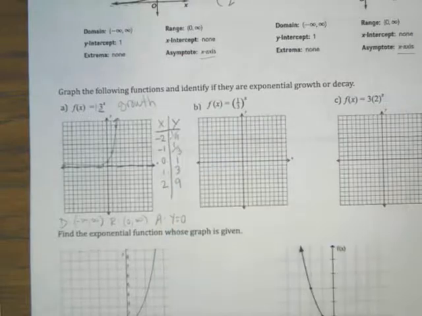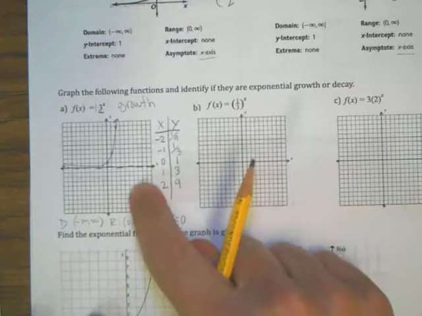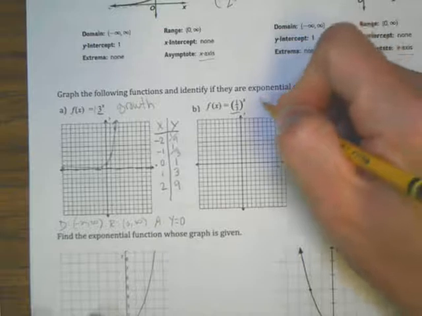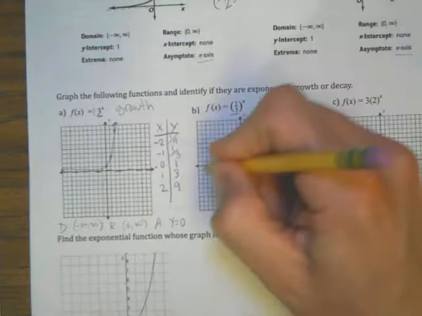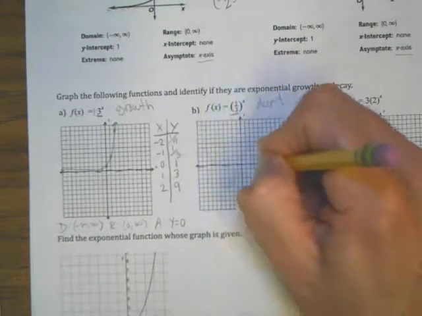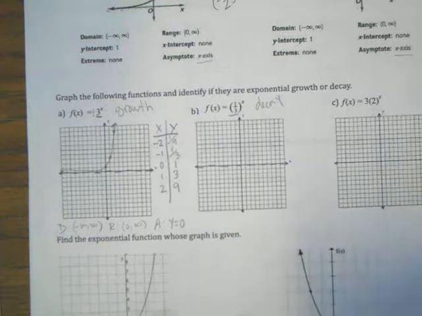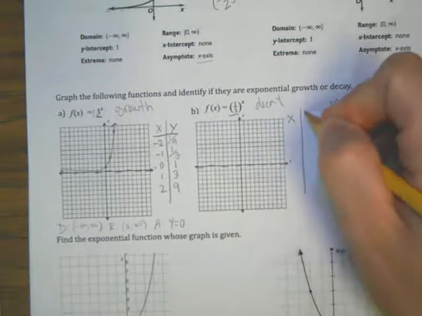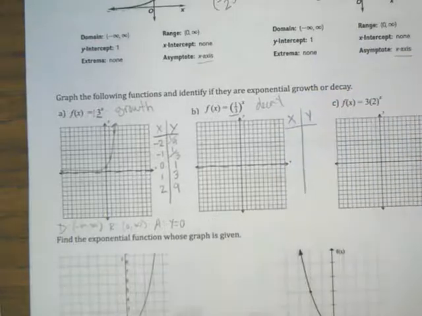All right. If you have any questions, pause it, talk to your friends. If not, let's go on to B. This one's definitely going to be decay. A little bit faster now. Here's our asymptote, the x-axis, y equals 0. Our table, x, y, -2, -1, 0, 1, 2.